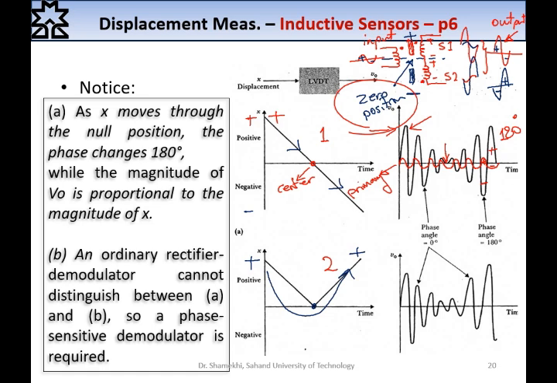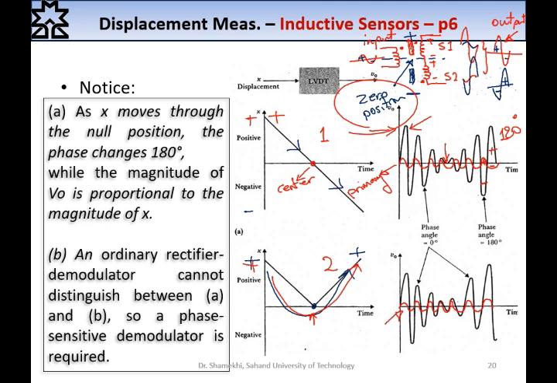But if we start from positive, reach zero, and come back to positive positions, as you can see, it will occur without any phase shifting. This curve is for the primary excitation signal, and the black one is for the output of the LVDT.